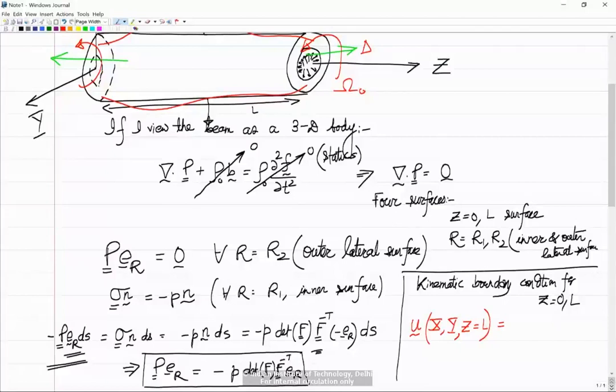If you look at a cross-sectional view, any point at an angle having undeformed coordinate big theta is going to move such that it becomes big theta plus omega naught. So it's simply rotating.